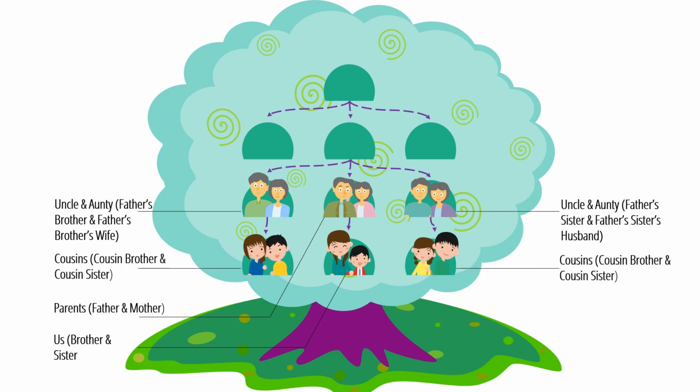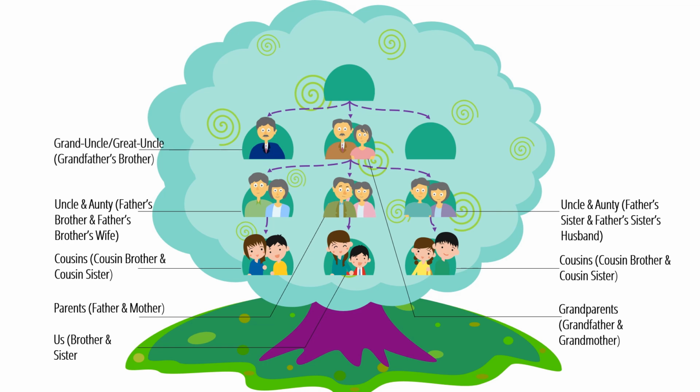They are our uncles and aunts' children. They are our cousins. They are our cousin brother and cousin sister. They are my father's and father's sisters' parents. They are our grandparents. He is our grandfather's brother.